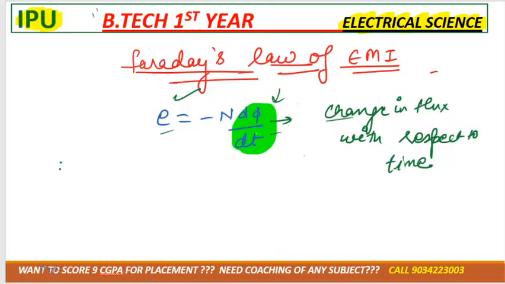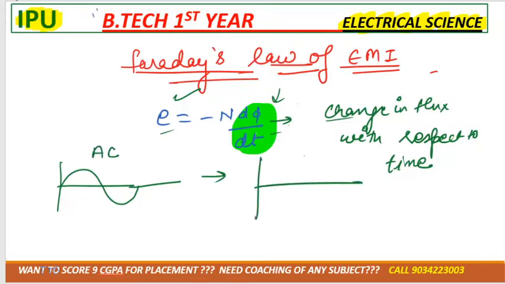Correct? So now, as you know, current is there, and current depends on flux. If current is changing, then flux also keeps on changing. Yes or no? If flux changes, then EMF will be induced.